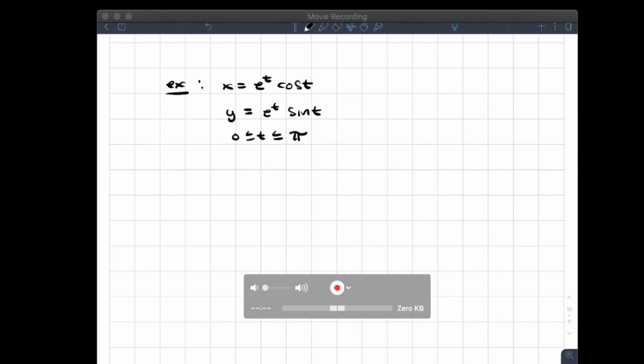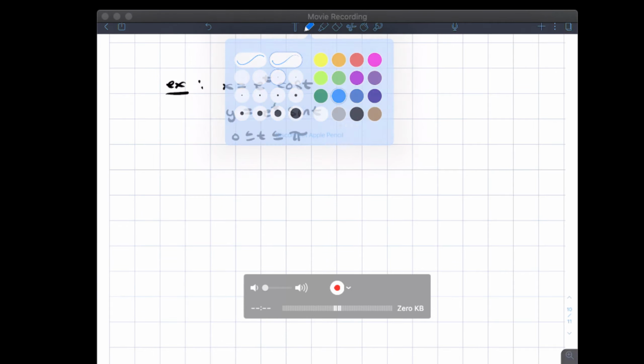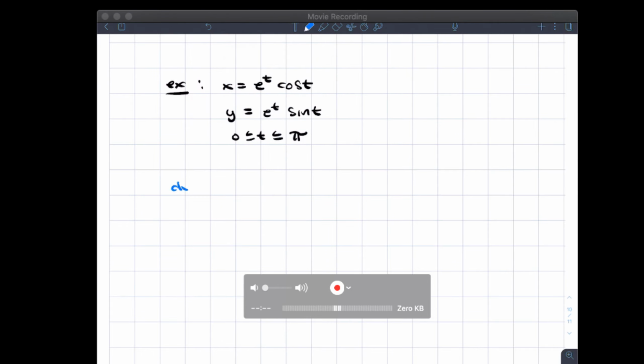So, as you guys can see, you're going to use the formula, dx dt. Now, let's be careful here. E to the t cosine t. And here's my point. You're going to have some work to do with some of these, okay?